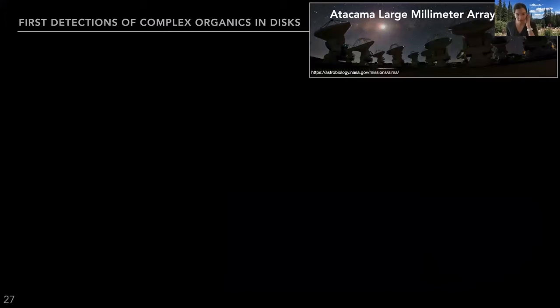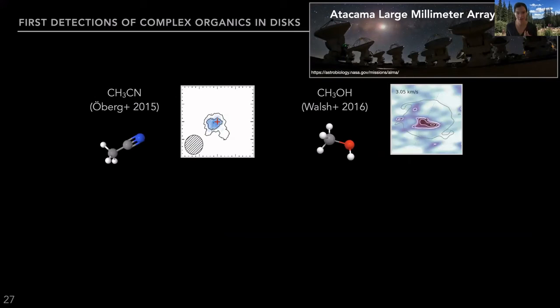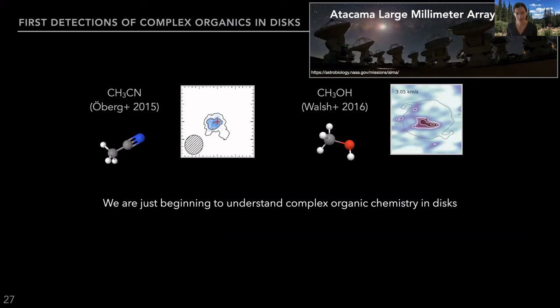We've only been able to study complex chemistry in disks in the past few years, thanks to the advent of ALMA. The first detection of a complex molecule was made in 2015, this molecule methyl cyanide, followed by methanol in 2016. So this is very recent, and we're only just beginning to understand complex chemistry in disks.